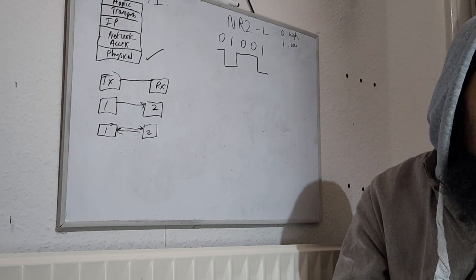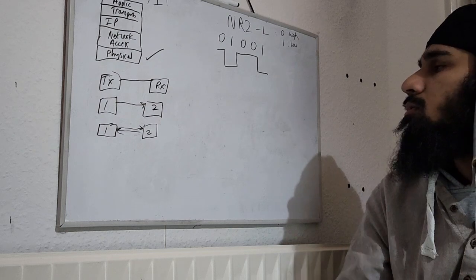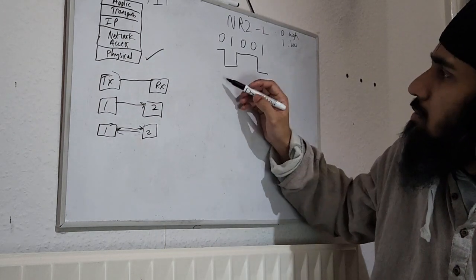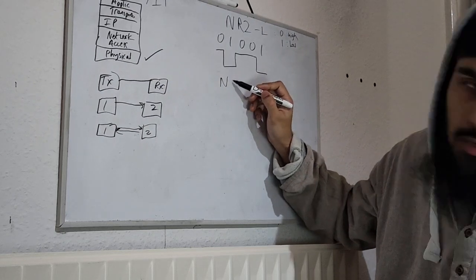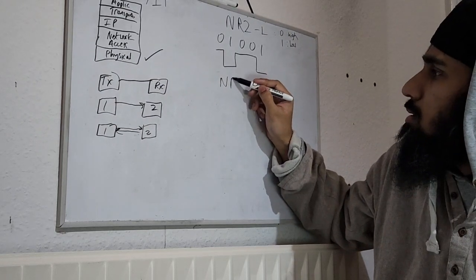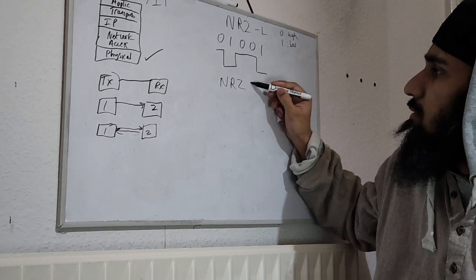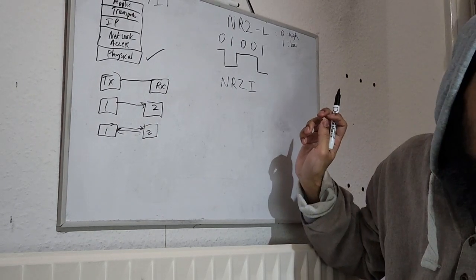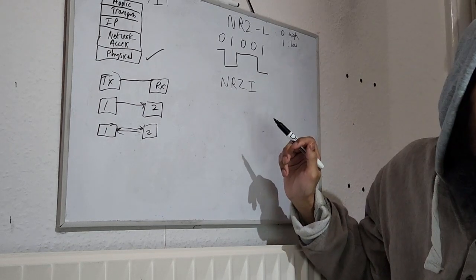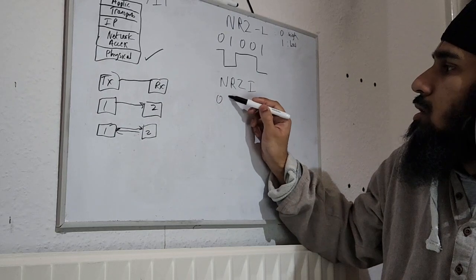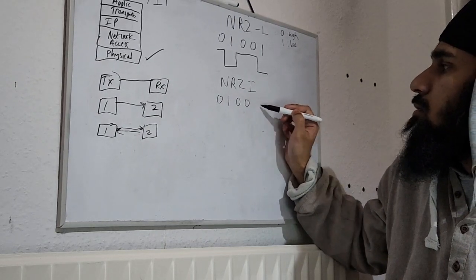And we have another one. So that's one way of sending. We have another one, which is non-return to zero, invert on 1. Let's say you're sending the same data, 0 1 0 0 1.